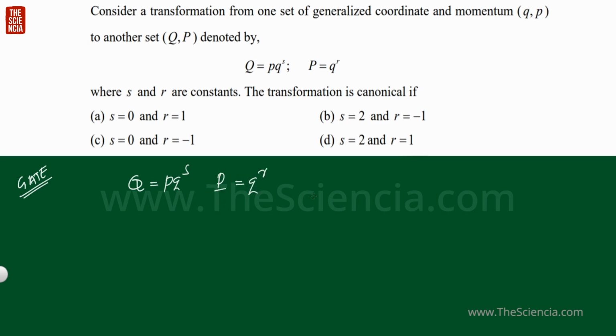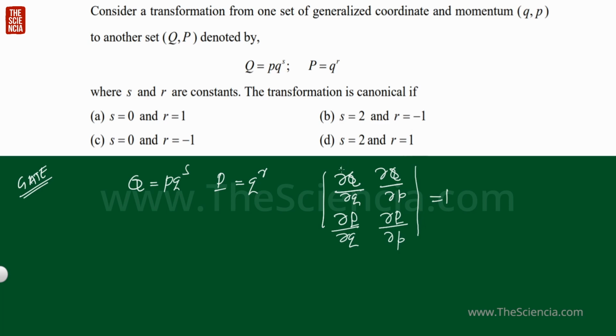And now if it is a canonical transformation, then dou Q by dou Q, dou Q by dou P, dou P by dou Q, dou P by dou P will be equal to 1.